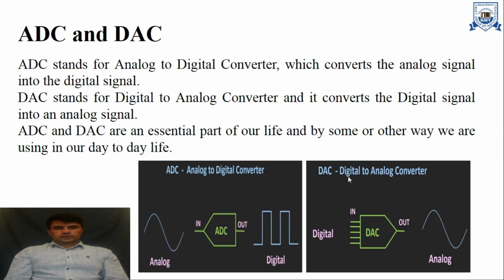At that time I am using my mic to create a sound. My ADC will convert this sound into a digital signal, and when you use a loudspeaker or your headphones, then this digital signal is converted into an analog signal or sound signal.